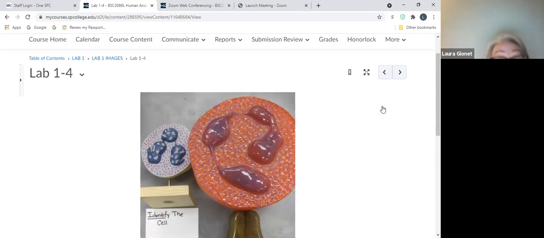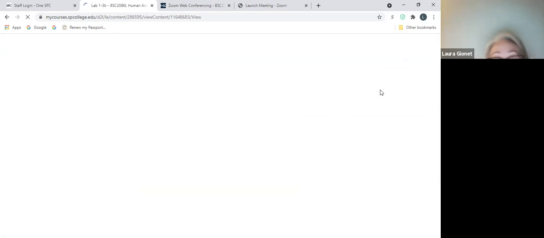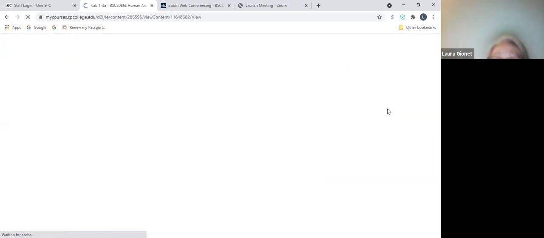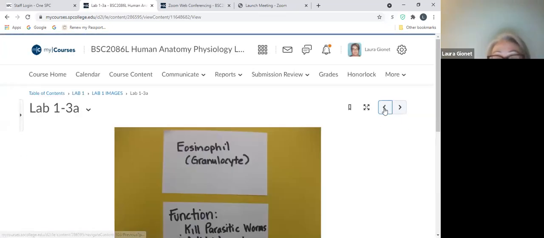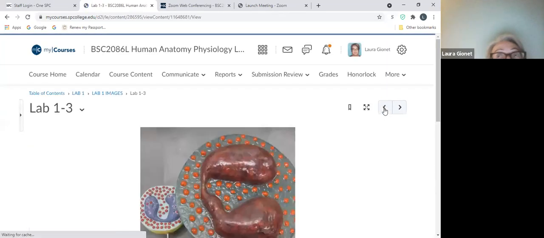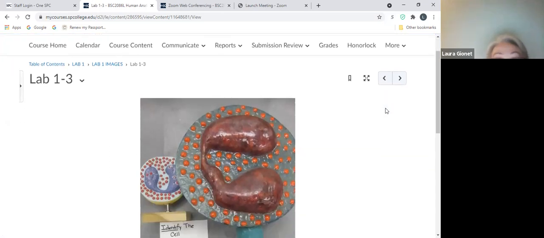Here we have a neutrophil. What is its function? Phagocytosis. Is it part of the innate or acquired immune system? Here's an eosinophil.